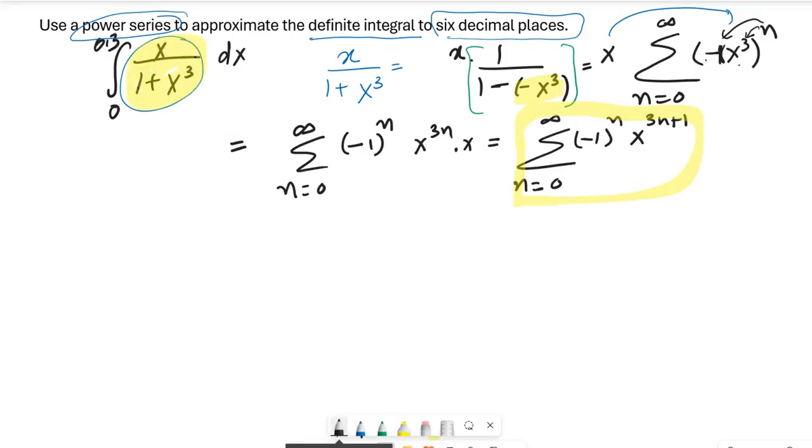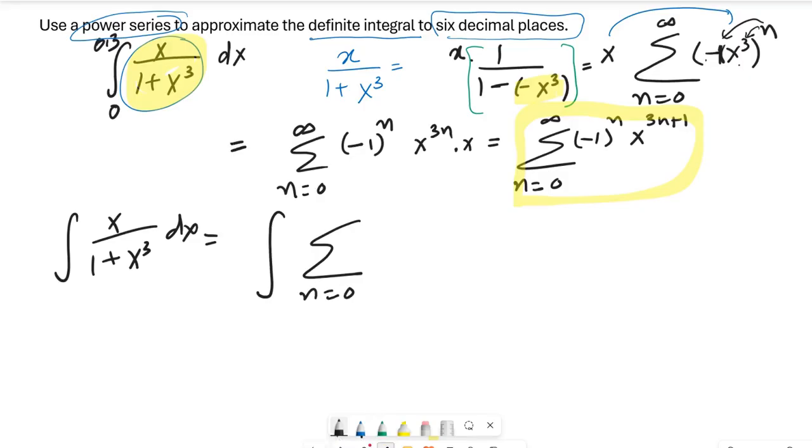Now, this series can replace this function. So that means if we want to integrate this function, let's only talk about it without limits for a minute. If we just want to integrate that, we need to integrate this series.